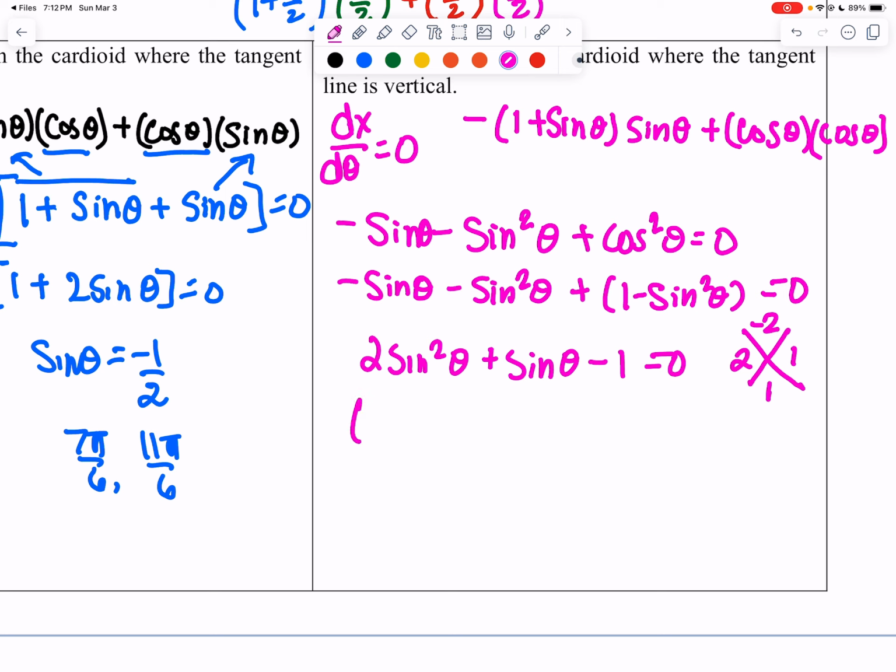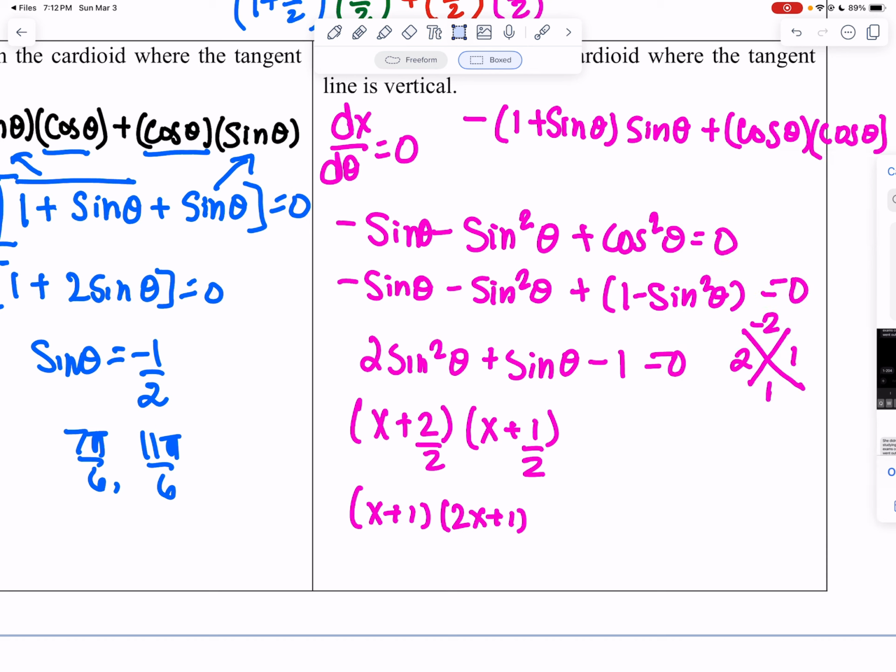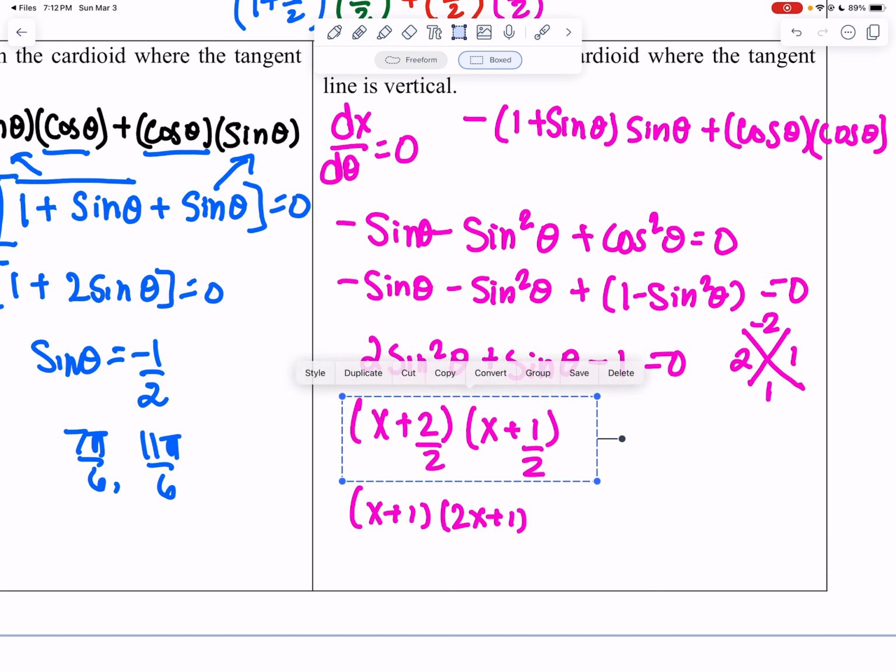So I have x plus 2, and then x plus 1. That's going to give me x plus 1 times 2x plus 1, and then, of course, just substitute it in terms of sine.